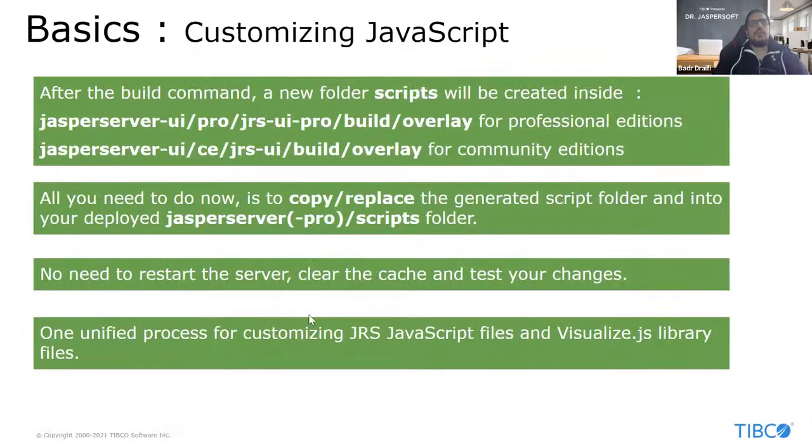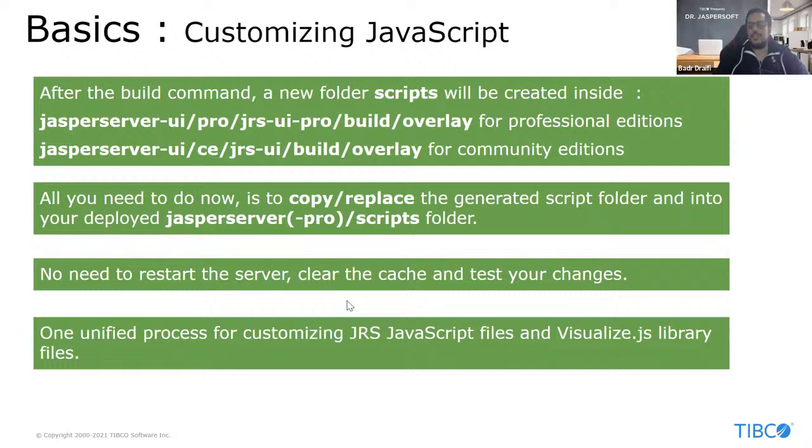So it is one unified process for customizing either JRS JavaScript files, as we've done right now, or also if you do some customization inside the Visualize.js library files. This is the exact same process that you're going to go through to customize your changes in JasperReports Server 8.